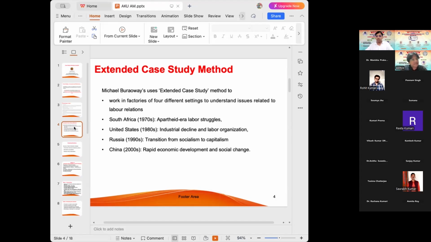So he studies South Africa, the United States, Russia, and China, and brings out the argument that the common factor in every labor setup is that labor is precarious. There are situations where they're insecure. And of course, the fight and bargaining goes on, which is something common to all laborers. But the social context or the cultural context within which that labor struggle is taking place also influences how you analyze the case or how you get to the case.